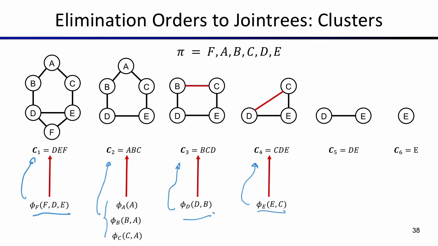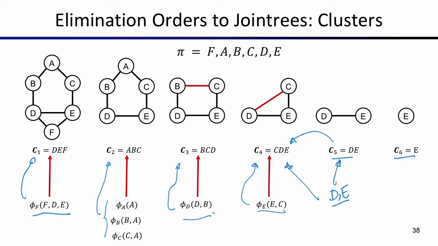But we also have these two little guys here. These we call the non-maximal clusters, and we don't need them, right? There might be one factor that mentions variables d and e, possibly, but in this case, this one can also go here, because this is a subset of this.